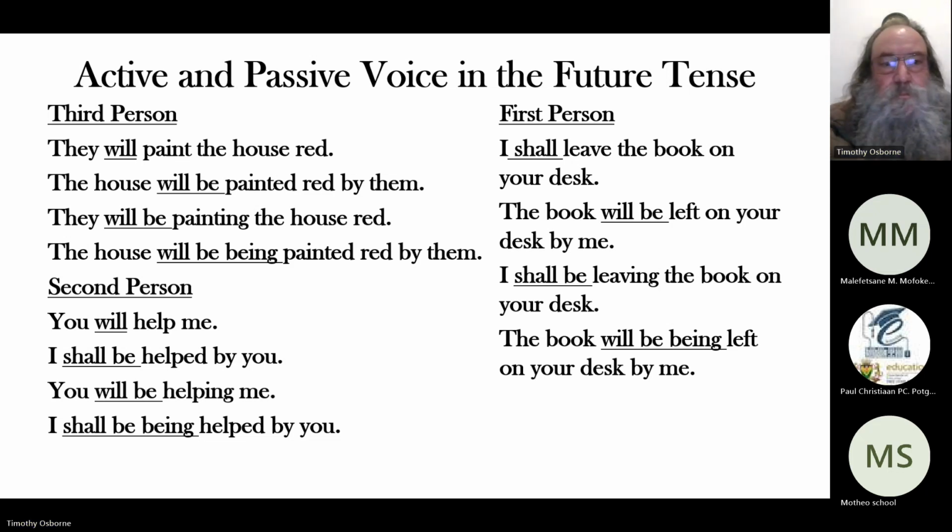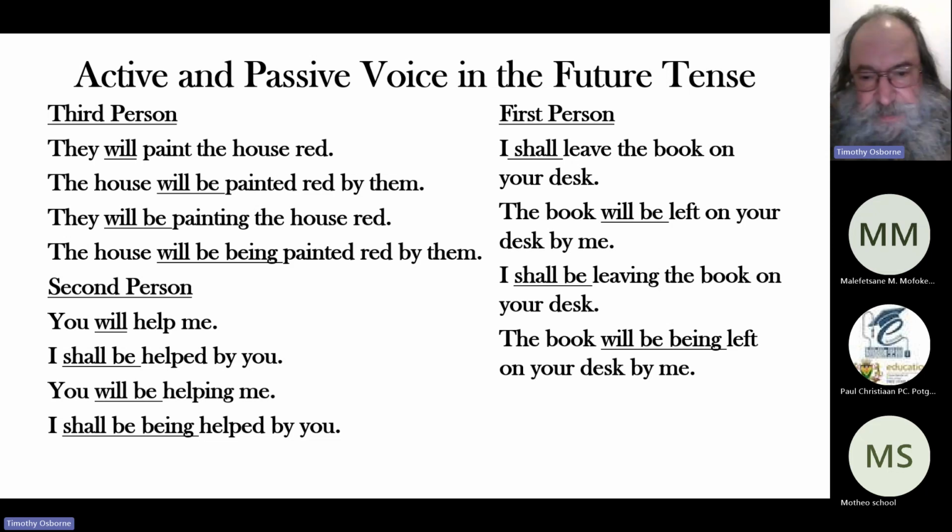Then, in the future active voice of this, I shall be leaving the book on your desk. No problem there. And then the book will be being left on your desk by me. And again, it sounds horrible, but it is technically correct.